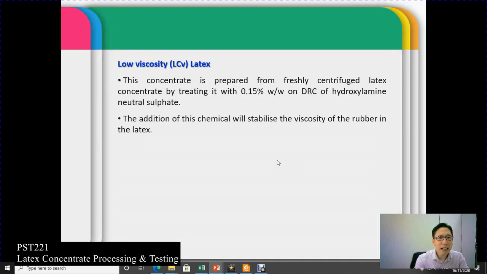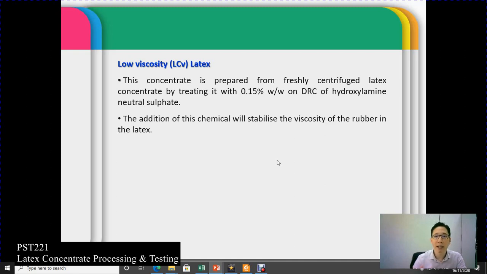And then finally we have low viscosity latex. This concentrate is prepared from freshly centrifuged latex concentrate by treating it with 0.15% weight over weight on the DRC of hydroxylamine neutral sulfate. The addition of this chemical will stabilize the viscosity of rubber in the latex. Usually we produce low viscosity latex because we want to produce a very thin dipped or cast product.